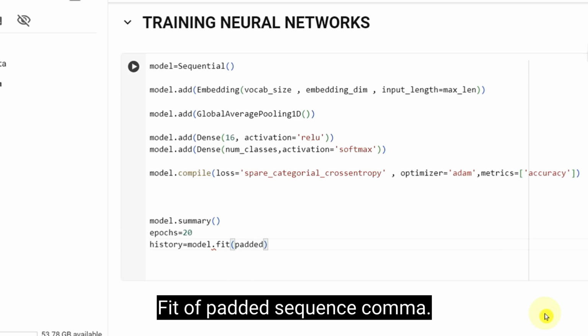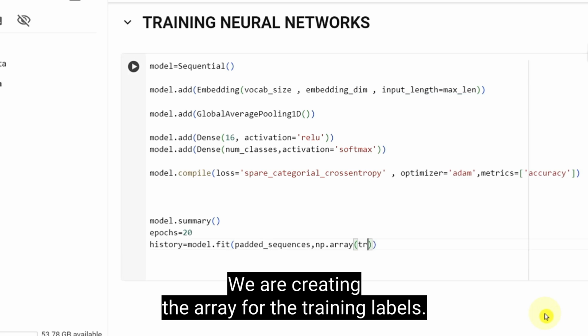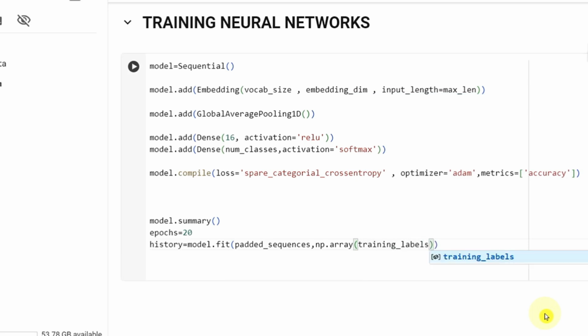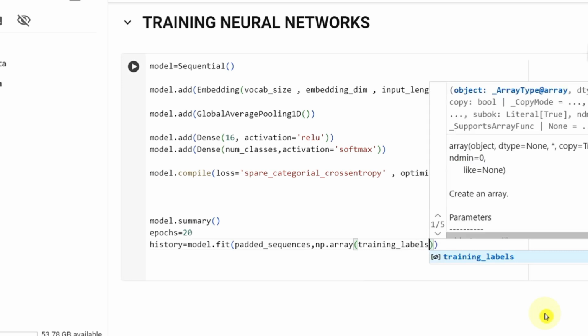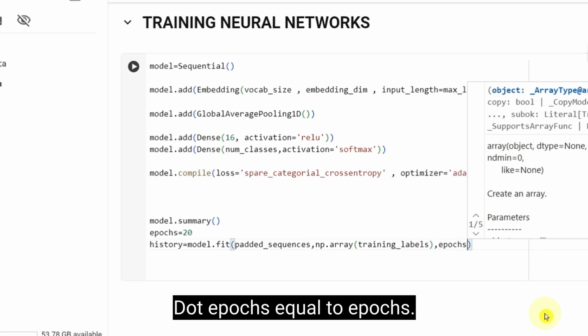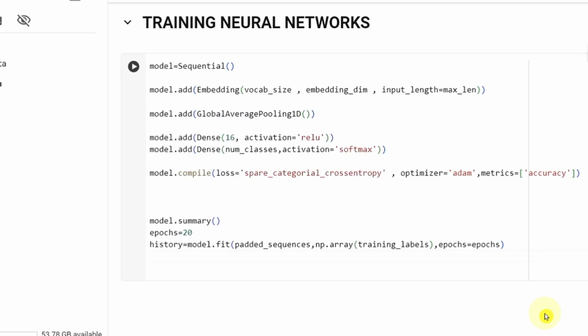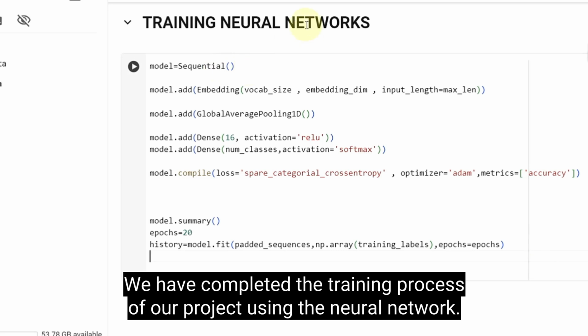Fit of padded sequence, comma, np dot array of, we are creating the array for the training labels, dot epochs equal to epochs. So that's it. We have completed the training process of our project using the neural network.